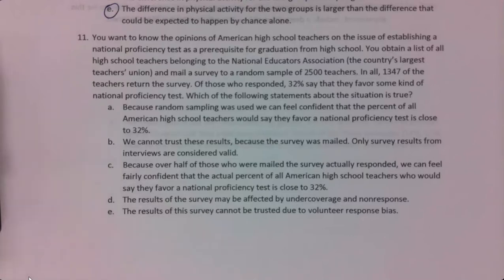C, because over half of those who were mailed the survey actually responded, we can feel fairly confident that the actual percent of all American high school teachers who would say they favor a national proficiency test is close to 32%. D, the results of the survey may be affected by undercoverage and non-response. E, the results of the survey cannot be trusted due to volunteer response bias. So it's not a volunteer survey because the people were chosen before they were mailed.